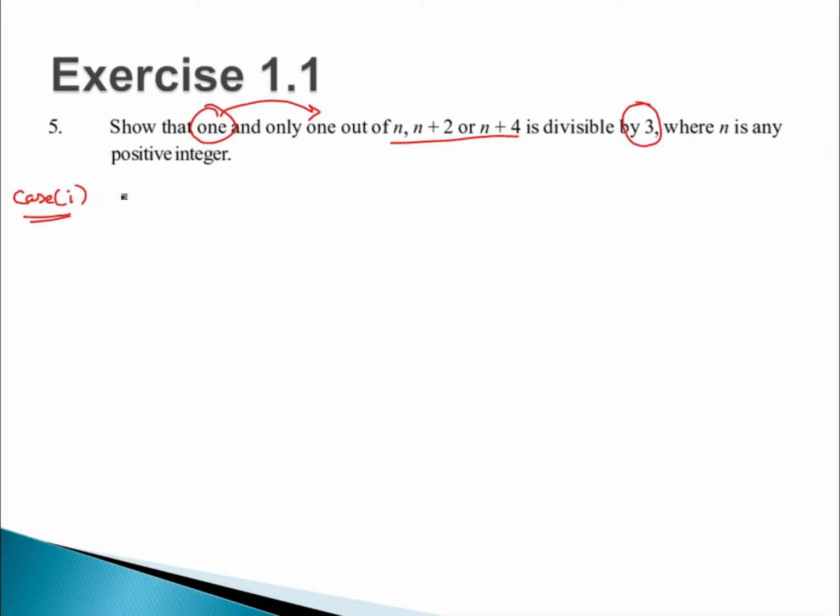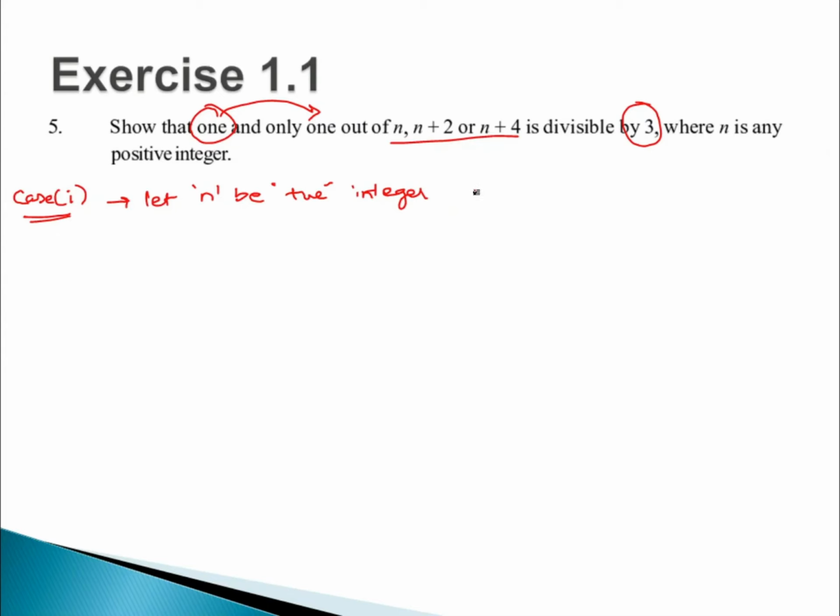What does it say? Let n be a positive integer. Am I clear? Let n be your positive integer.